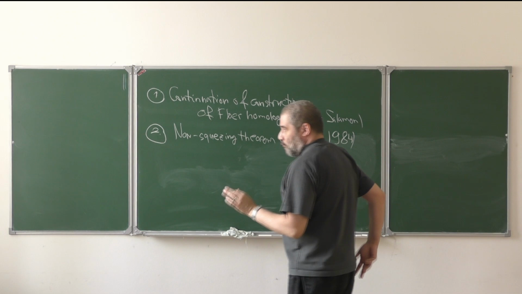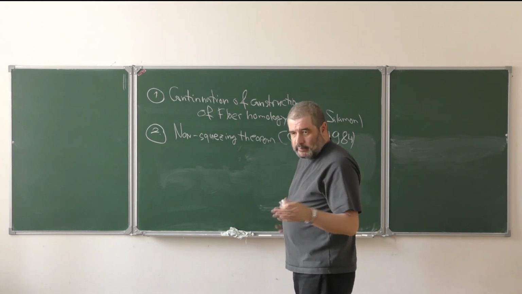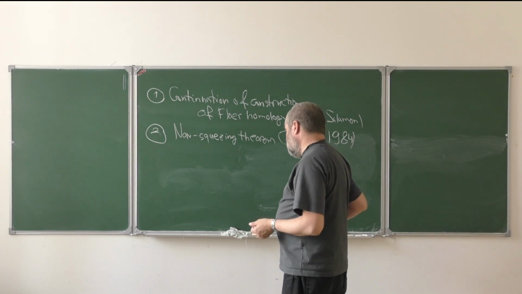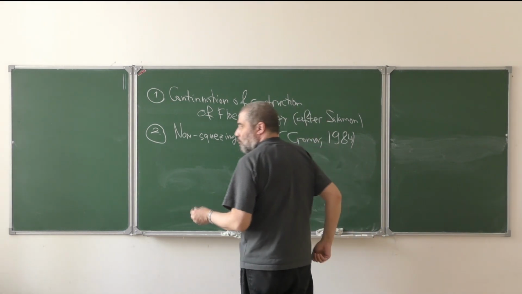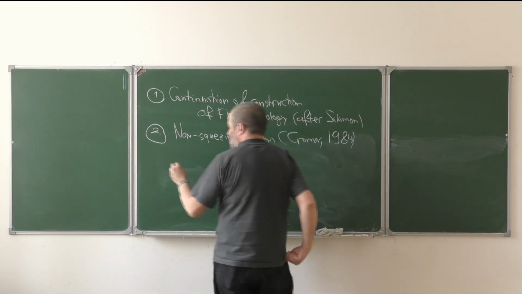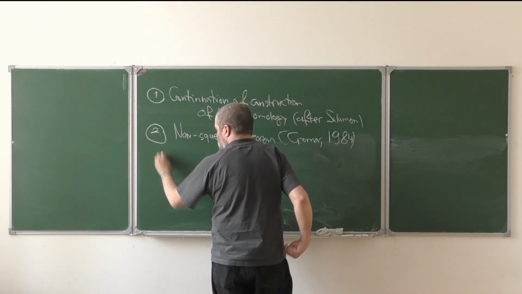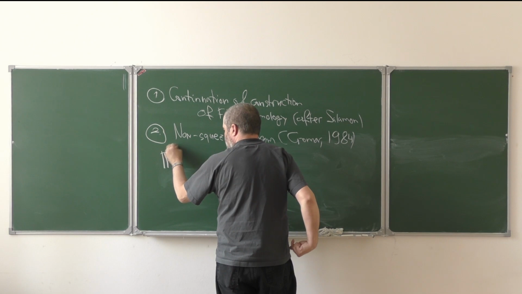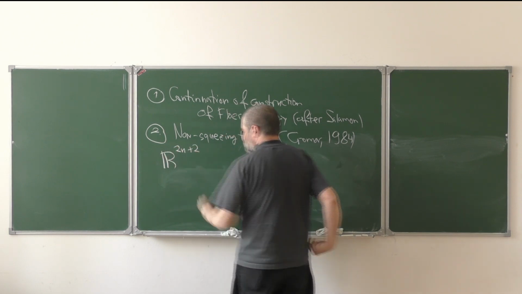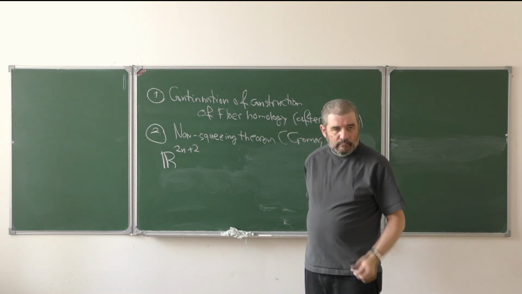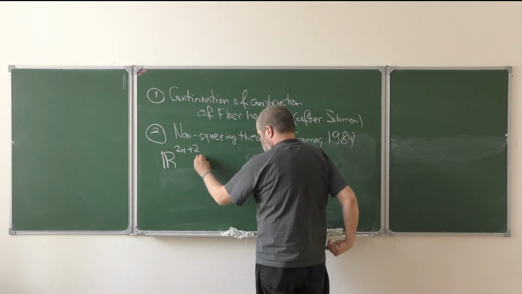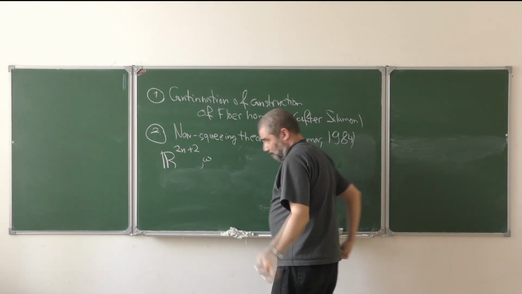Okay, so I am speaking about the statement. So we have space R^{2n+2} with the standard symplectic form.